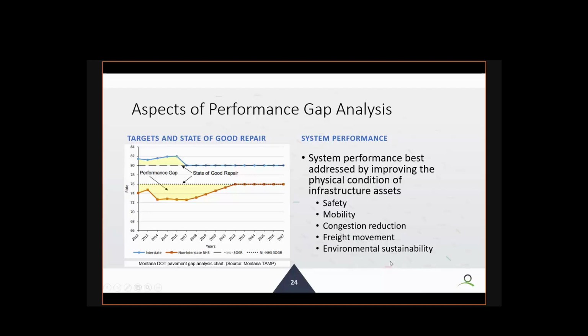But you can see they expect to take a few years on the non-interstate NHS to get to their desired state of good repair. The desired state of good repair is a long-term outlook thing. It's not something you have to achieve overnight or that you even really have to achieve. That may be a stretch goal, and you can set other objectives within the TAMP period to say, well, this is where we expect our assets to be, but ideally we'd be at this desired state of good repair.